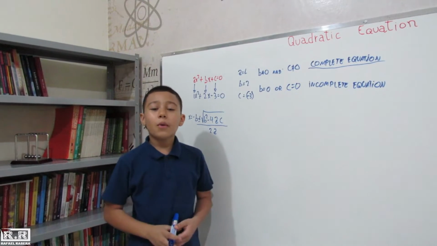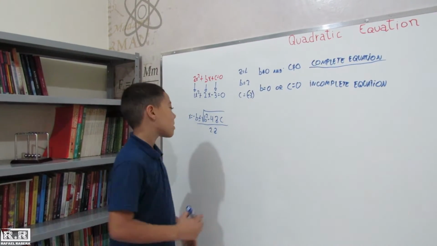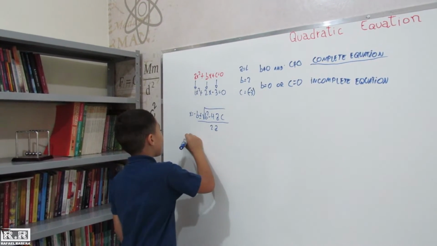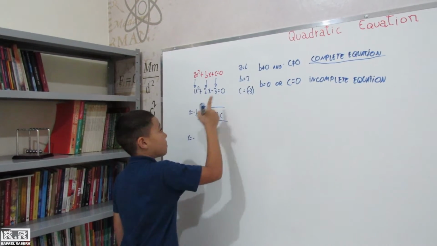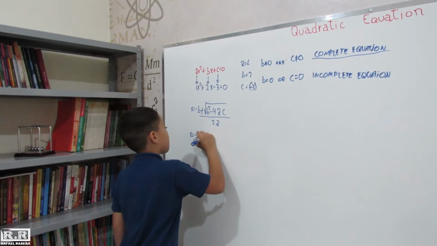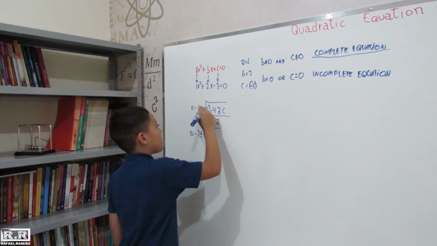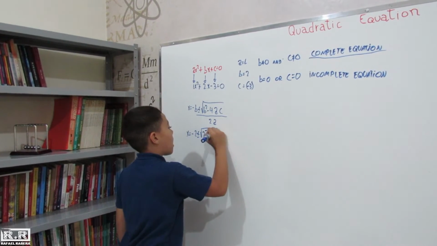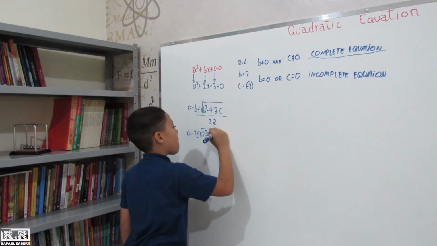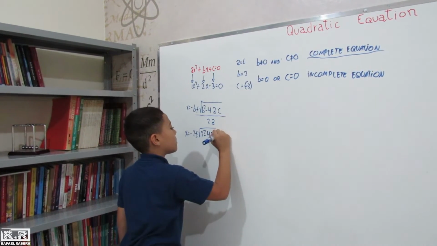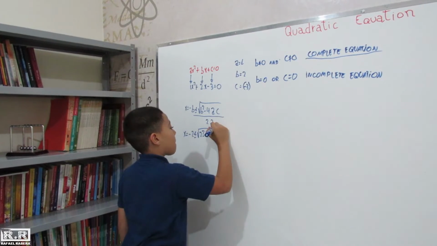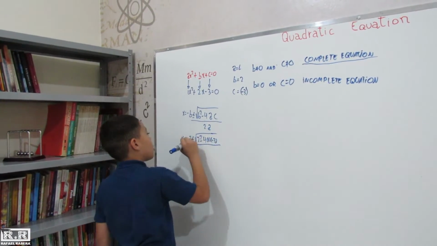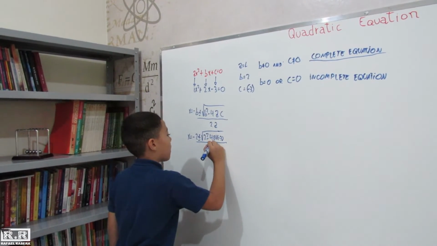And now I will replace the letters by numbers. x equals minus 2 plus or minus the square root of 2 squared minus 4 times a equals 1 times c equals minus 3, divided by 2 times 1.